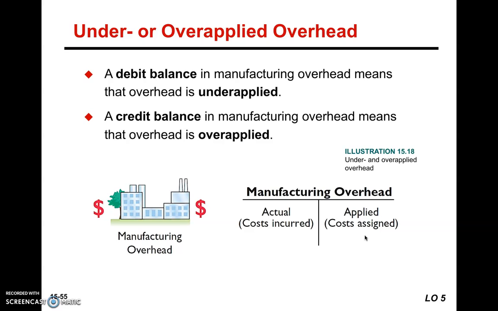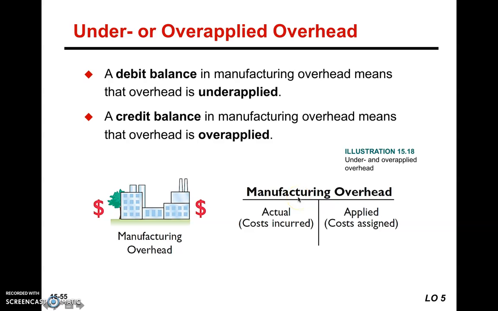And as you remember, activity base could be direct labor cost or direct labor hours or machinery hours, depending on which one the company decides to use. Now, the applied overhead cost always is going to get credited to manufacturing overhead.